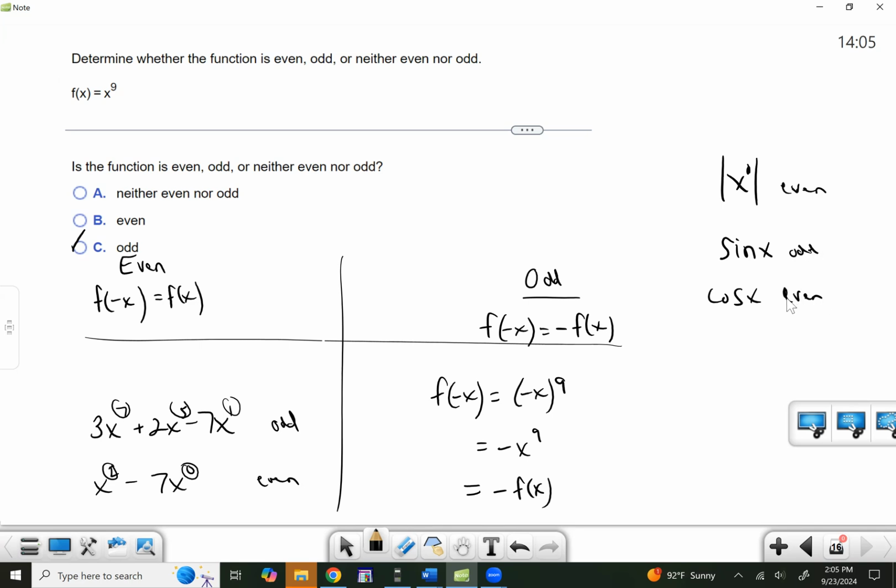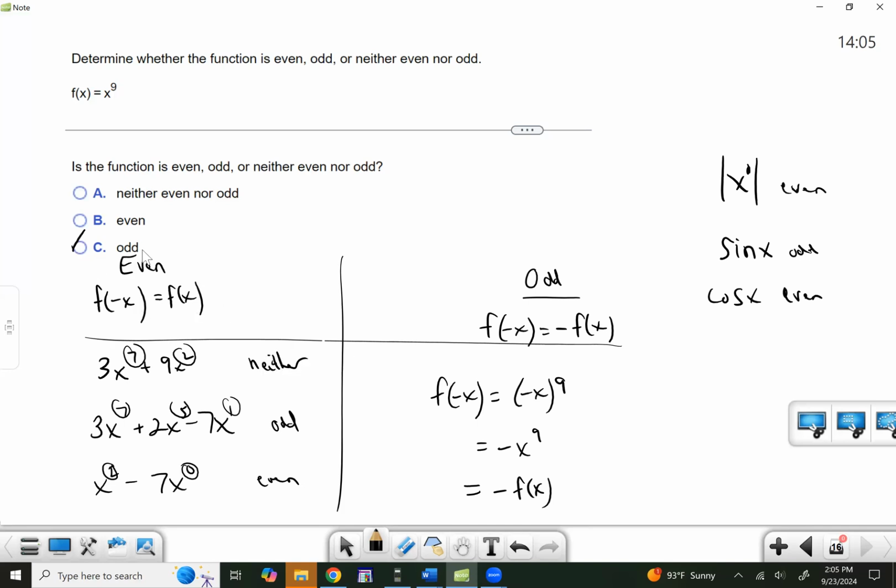So we have to have this definition so it will apply to all functions. But in the event that you're given a polynomial, you can just look at the exponents and ask, are they all even or are they all odd? If you have a mixture, like let's say 3x to the 7th plus 9x squared, one's odd and one's even, so this would be the neither case.